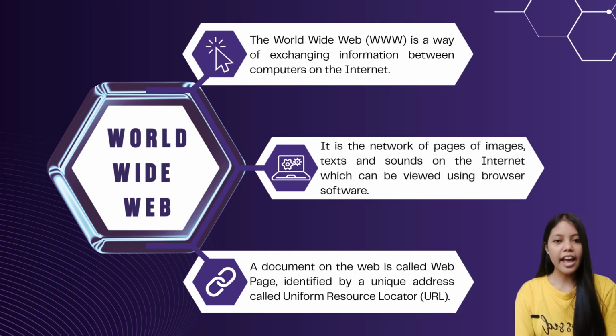The URL acts like a home address, so it tells the browser exactly where to find a certain page on the internet. For example, when we type www.google.com, we are using Google's URL to visit its main page.